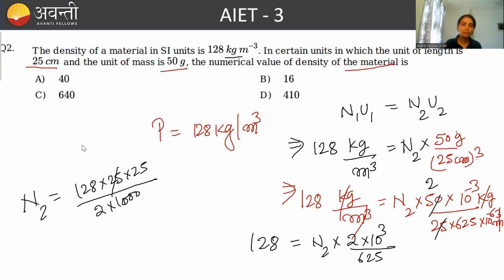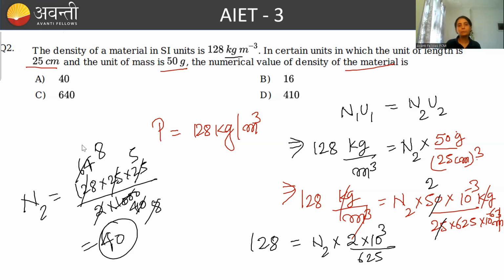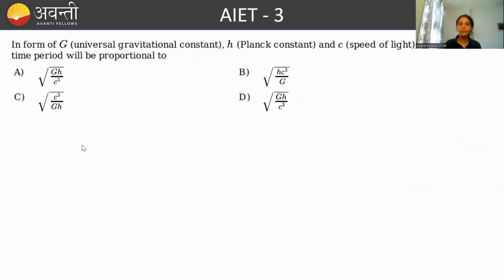If you cancel 1000, this goes 40 times, and again 5 times you take it like this, and this is 4, and this is 8 times. So the answer is 40. So the correct answer will be 8. Okay. Now let's move on to the next question.